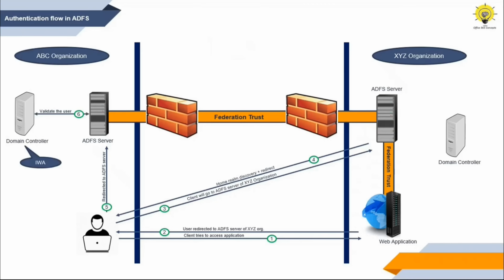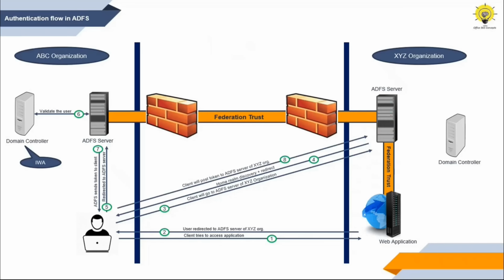And once the domain controller validates the user, ADFS will construct a token. It will sign the token using the private key of the token signing certificate and will send that token to the client. Then the client will post this token to the ADFS server of XYZ organization.